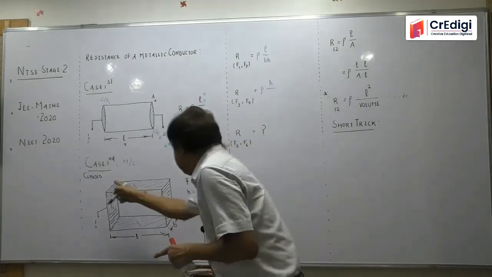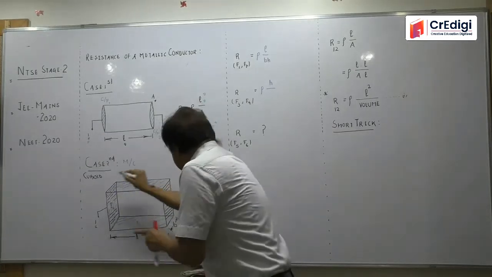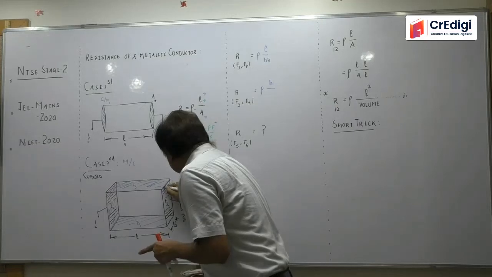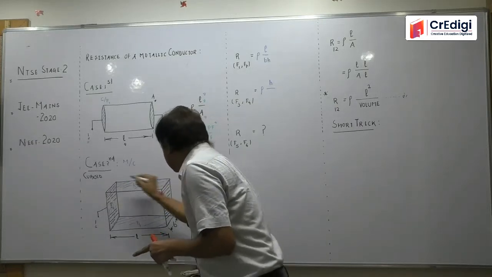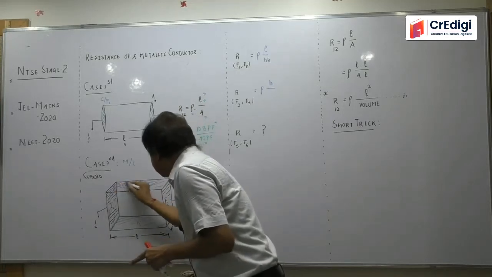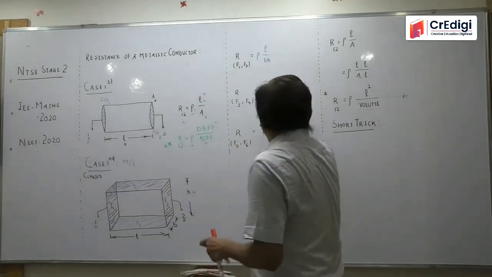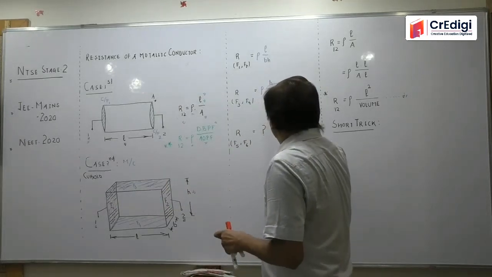Area of the face. This is the area of the face, and it is again a rectangle. This side is B and this side is L. So the face area, that is a rectangle, will be B multiplied by L, and I am writing it as L multiplied by B.